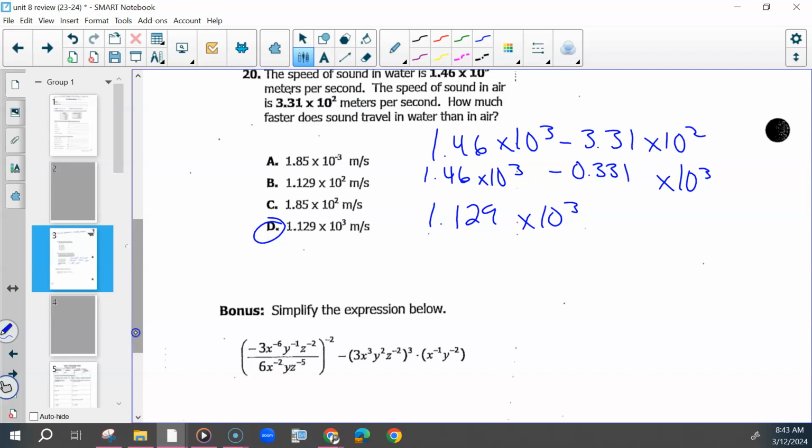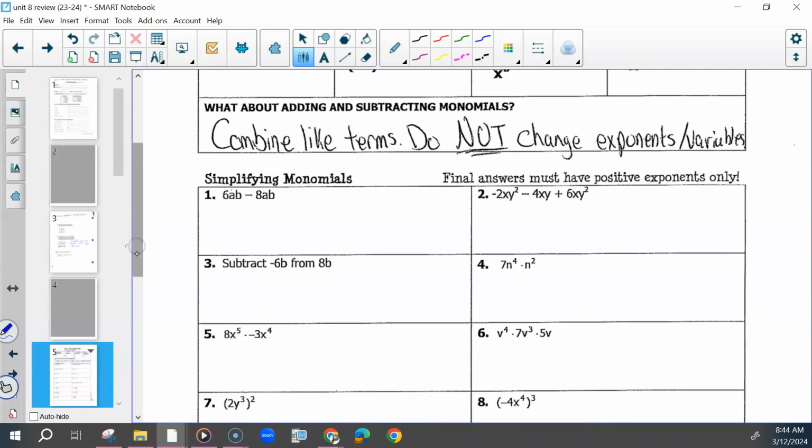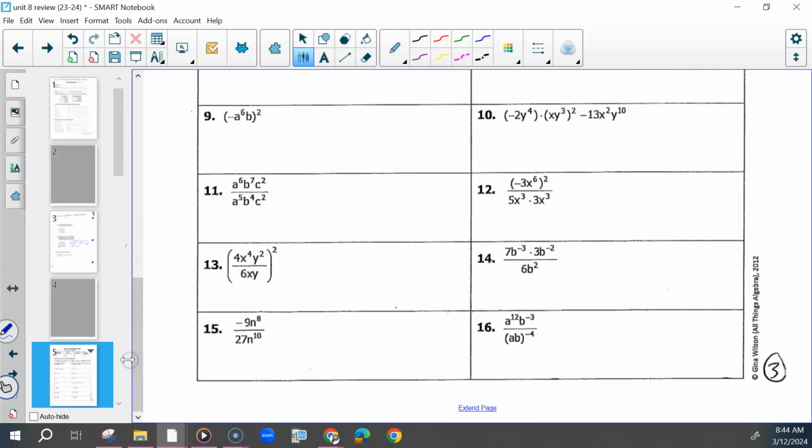Let's see. On to page 3. I'm also going to talk about the rules again, just so we have them fresh in our memory. Any others on this page? 11.